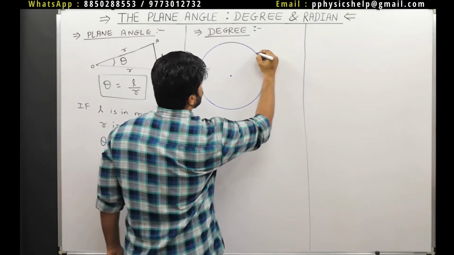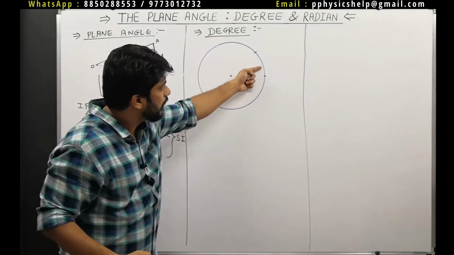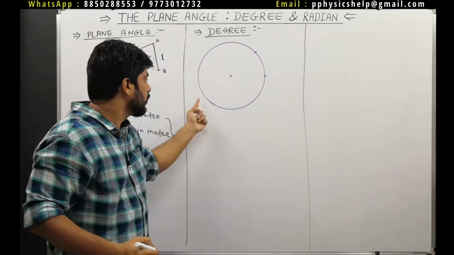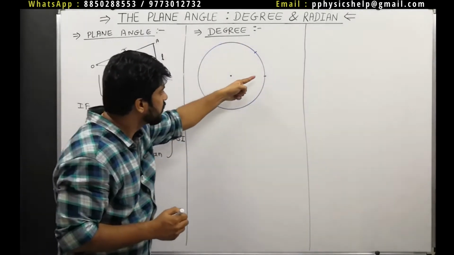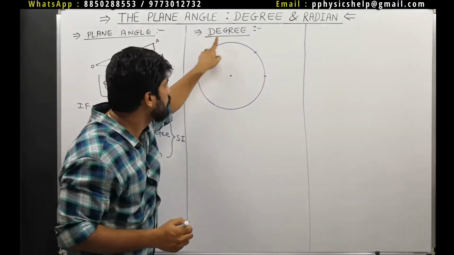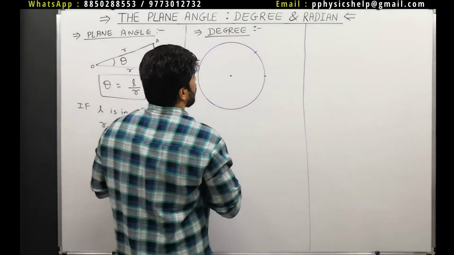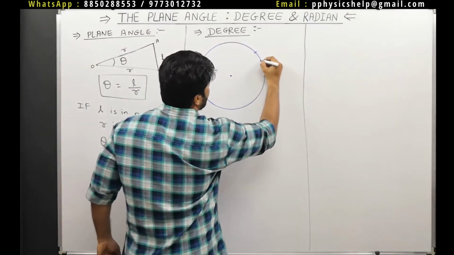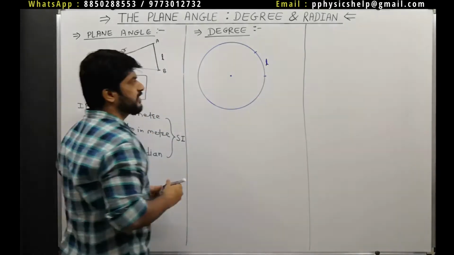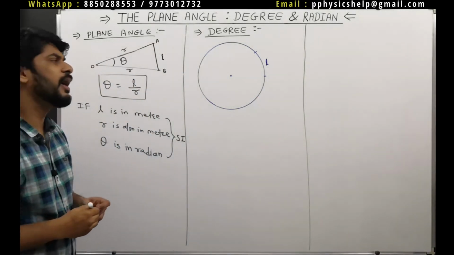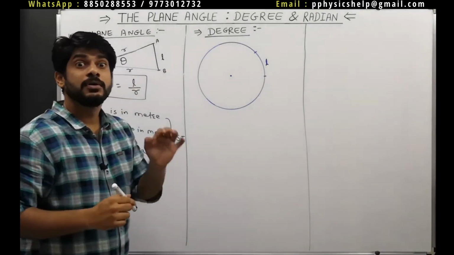Let's say I choose this arc over here, a small arc on the whole circumference of the circle. You can see that this arc has a certain length. Let's say it has a length of L.